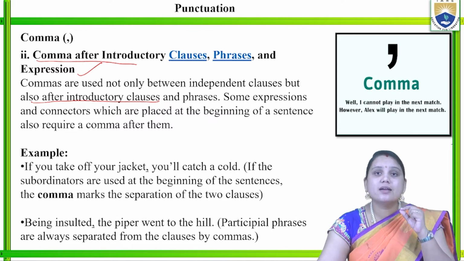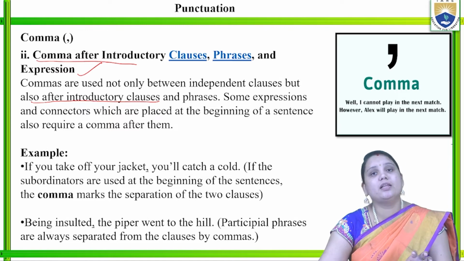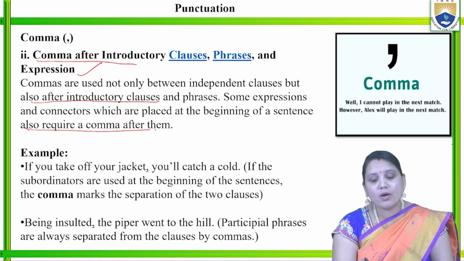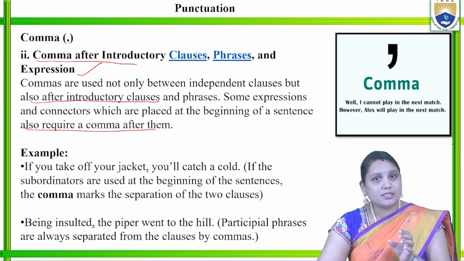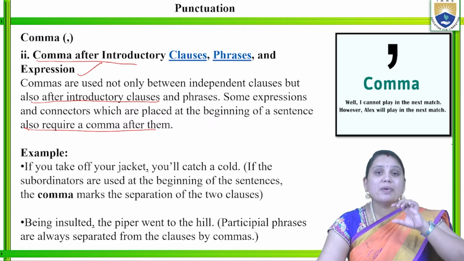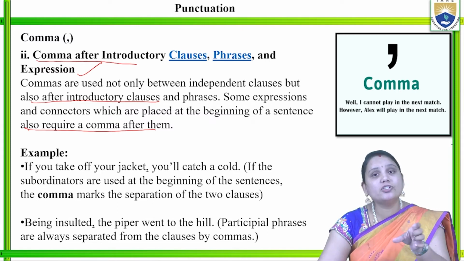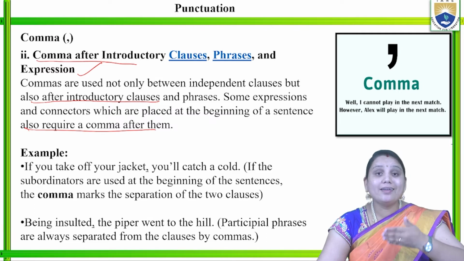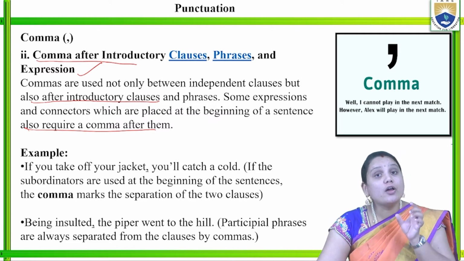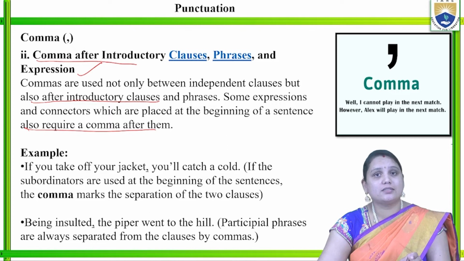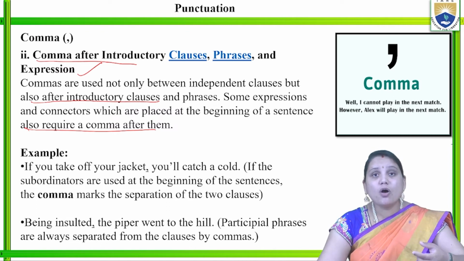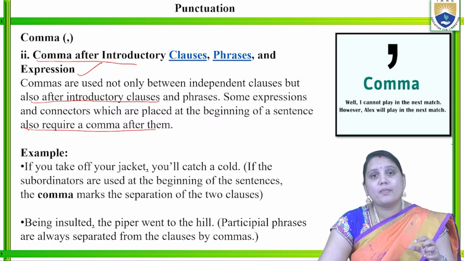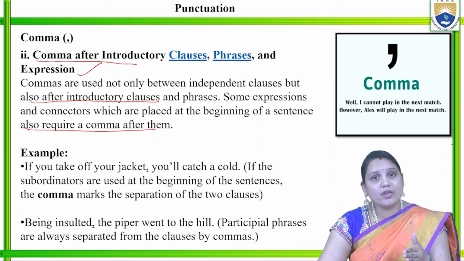Some expressions and connectors which are placed at the beginning of the sentence also require a comma after them. So, some introductory sentences require comma to specify the difference and the connection between the other parts. So, it is needed to put forward the expression of the sentence. That expression is more important in rendering the meaning of that particular sentence. So, we generally use these commas after the introductory sentences.